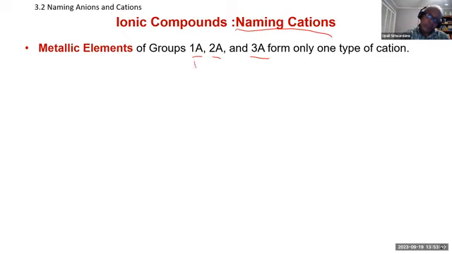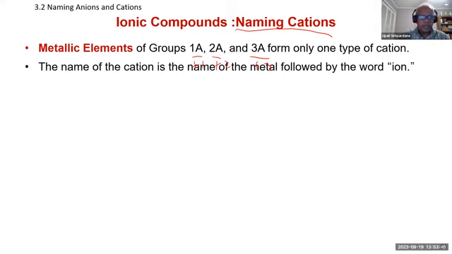They make positive ions, positive 1, positive 2, positive 3. The name of a cation is the name of the metal followed by the word ion. For example, sodium forms the sodium ion.